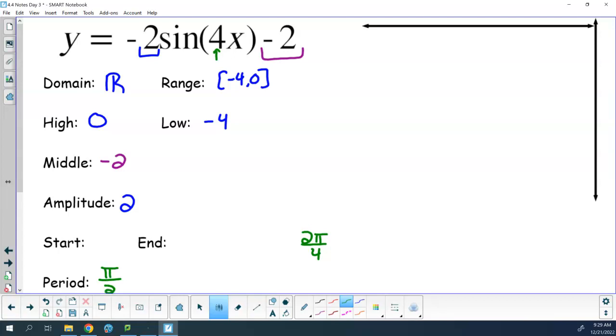This number in here, right after that x still inside the parentheses, tells me my start. No, inside the parentheses, not outside. So if I start at 0 and I have a period of pi over 2, where do I end? Pi over 2.